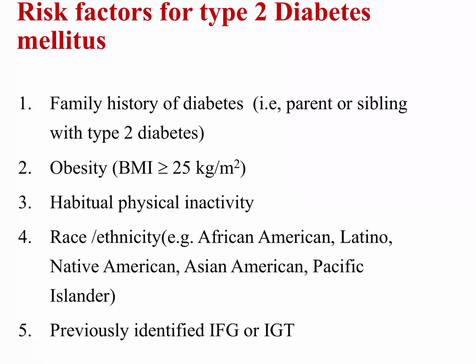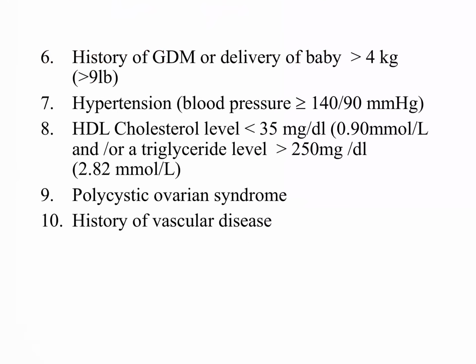What are the risk factors associated with type 2 diabetes? Family history, it runs in the family. Obesity, BMI more than 25 kg per meter square. Inactivity, ethnicity and race, that is Indians are more prone, African Americans are more prone. If previously the patient is identified to have impaired glucose tolerance or the patient is having pre-diabetes.